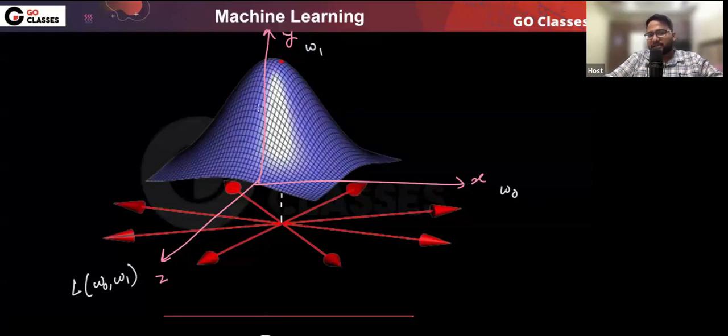Now, clearly, this is a 3D picture in the sense that you have three axes here. Two are for the weights, w0 and w1, and the third axis is for the loss function. If there are more weights, or multiple dimensions, then you will have even more axes, which is impossible to draw on this 2D surface. Even a 3D plot is not possible with 100% efficiency, but we can make efforts to show 3D plots.